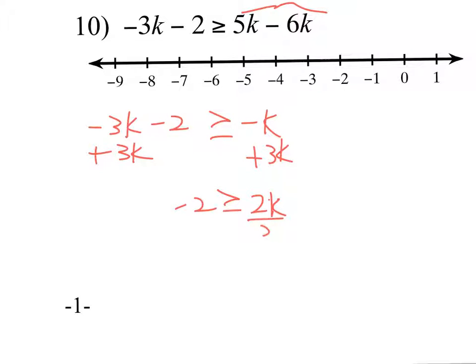So dividing by 2, I'm dividing by a positive, so I'm not going to flip my symbol. k is less than or equal to negative 1. Reading that left to right, I'll write it as k less than or equal to negative 1. Here's negative 1. It can be equal to, but it also could be less than.